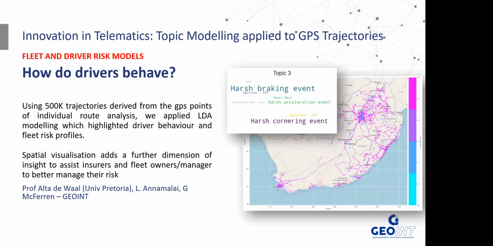Now, in the telematics sector, fleet management, especially given the increase that we've seen in logistics and last mile logistics, has a very significant impact on their businesses as well as on the economy. And finding innovative ways of better classifying the risk for these fleets has quite a significant impact on their bottom line.